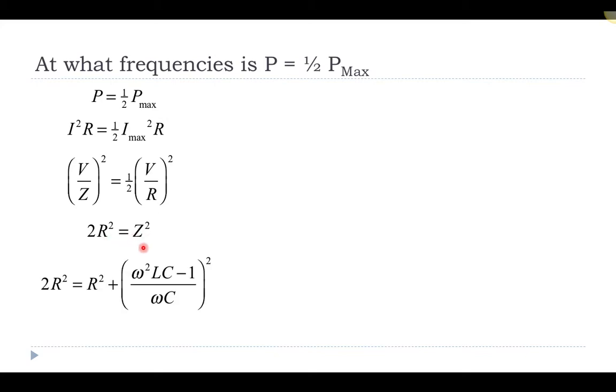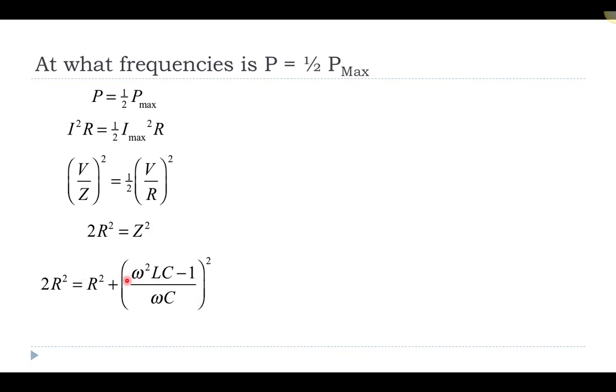So I can go ahead and plug in what the impedance value is for my circuit. Going back to previous presentations, I know that in general, I can write down the impedance in the circuit as the square root of the resistance squared plus the reactive components squared. And since the impedance here is a squared value, I have gotten rid of the square root.